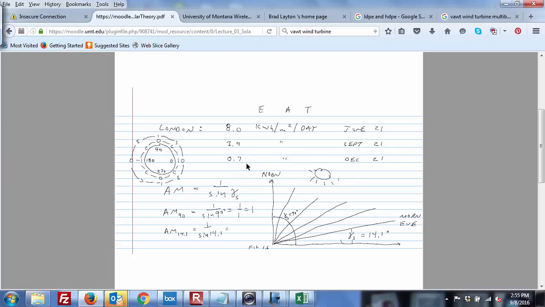December 21st on the winter solstice, it's even less. This little note over here, I'm just showing that at 0 degrees, the cosine equals 1 and the sine equals 0. At 90 degrees, the cosine equals 0, the sine equals 1. At 180 degrees, the cosine equals -1, the sine equals 0. And at 270 degrees, the cosine equals 0 and the sine equals -1.